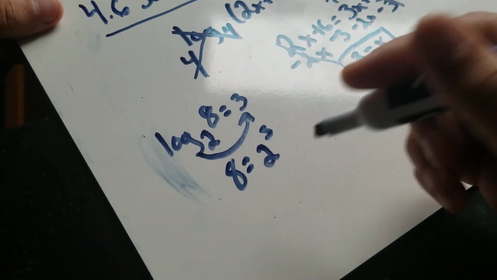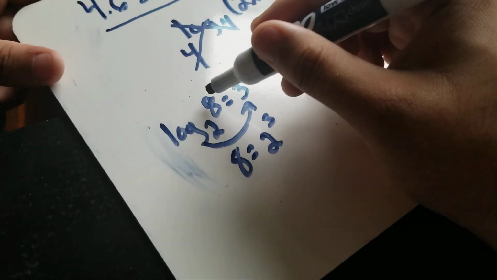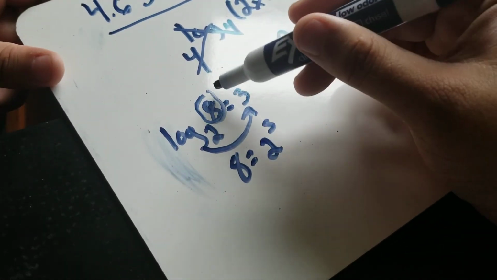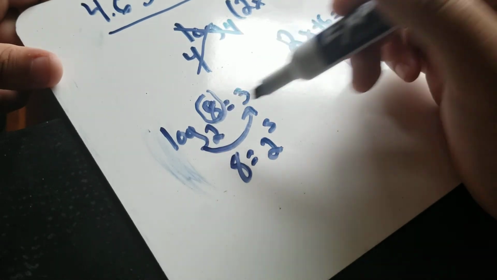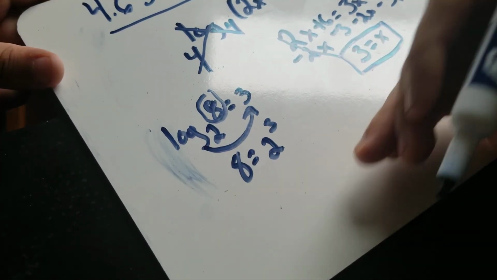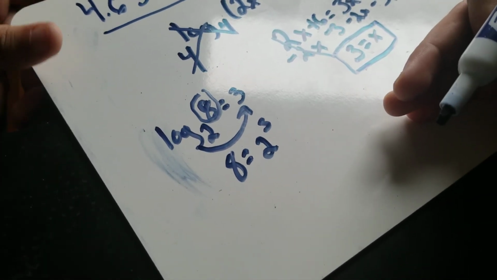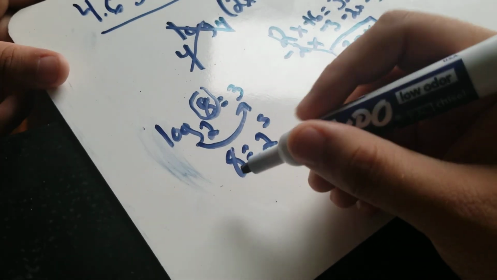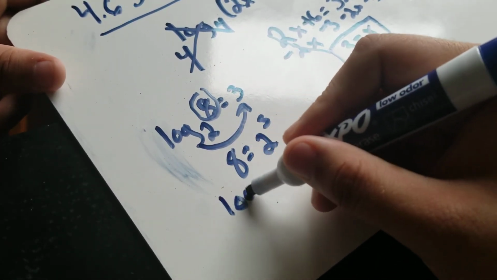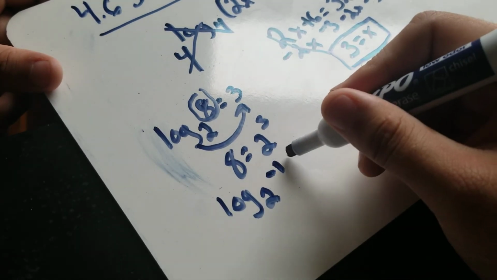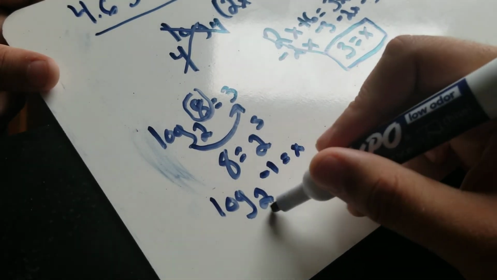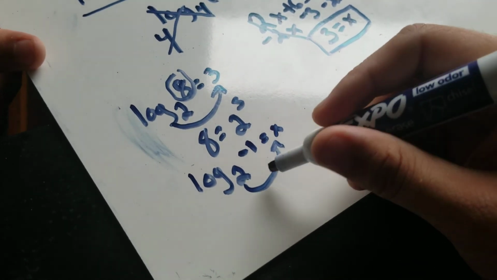Okay. Now, the special thing about log: this number inside the log should be the answer to some base to some exponent. Now, this rule hasn't come up before, but let's say log base 2 of negative 1. Let's try to figure out what that is. So I take my 2 and move it down here.